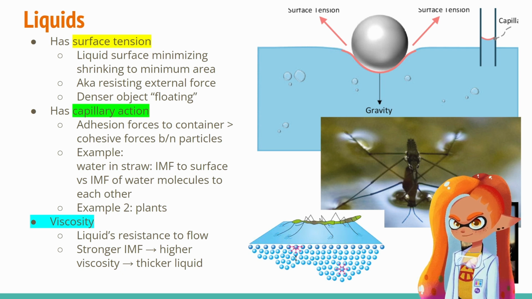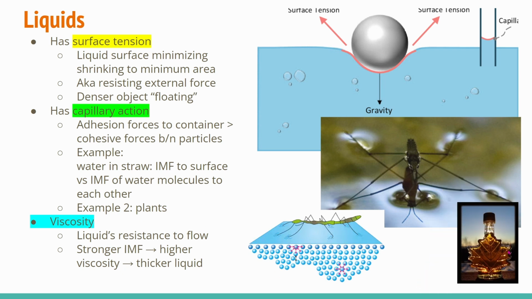You've seen this with the example of maple syrup, like this guy right here. If I pour maple syrup into a different container, or onto pancakes, you notice how it doesn't flow very well, and that's precisely because the maple syrup molecules have pretty strong IMFs, and so they don't want to flow very well, so that's why you have that thick syrup.